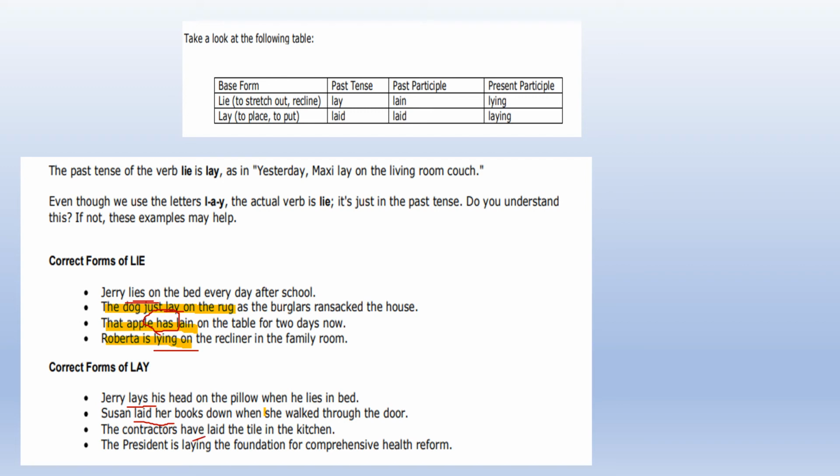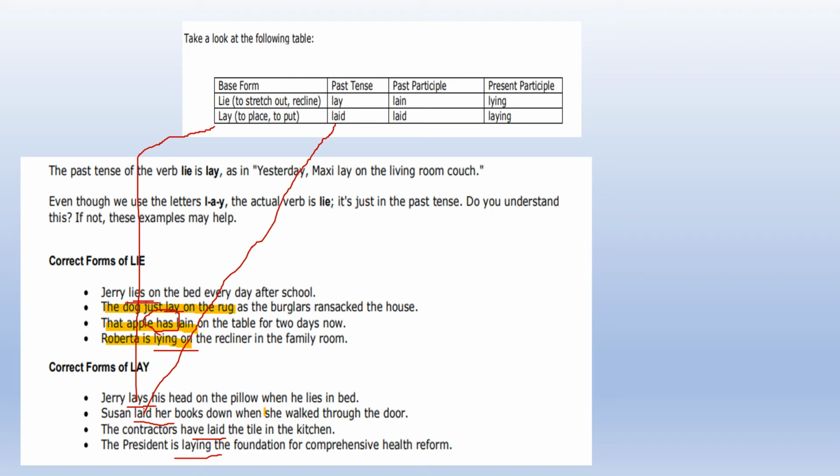The contractor have laid the tiles in the kitchen, and the president is laying the foundation for comprehensive health reform. Now again, Jerry lays his head, so lays is the present form of the verb lay over here, and Suzanne laid her books down when she walked through the door, so it's past tense.